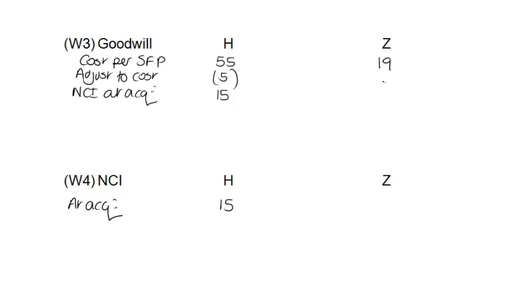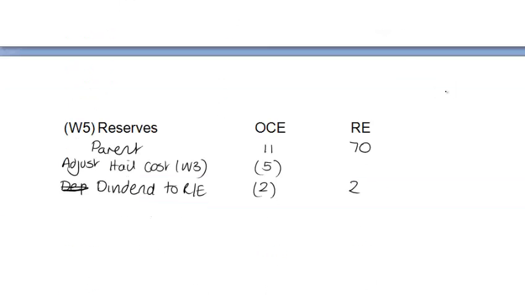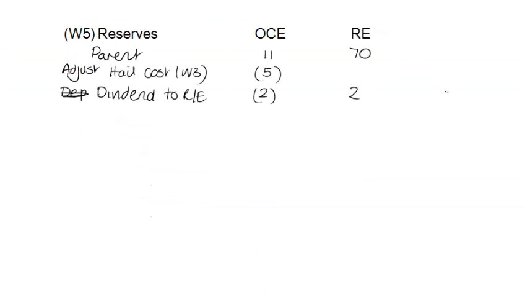So my adjustment to cost is 2. So that's going to be 21 minus the 19. So I'm going to increase the cost of the investment to 21. So I'm debiting cost of investment by 2. And therefore I'm crediting. Now here we're treating this one at fair value through profit and loss. So no complications as such.